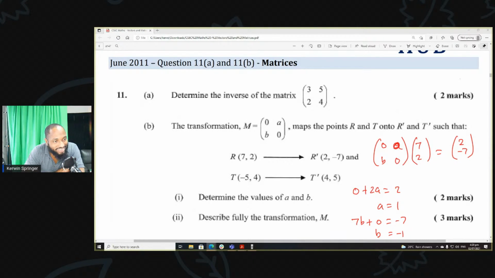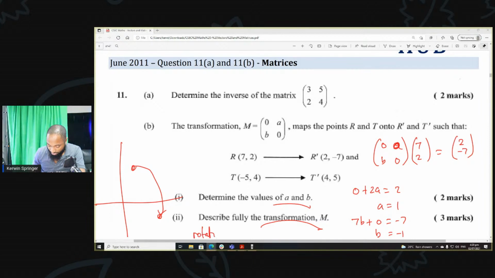All right. So determine the value of A and B. Describe fully the transformation. Once again, we know that this transformation is a rotation.